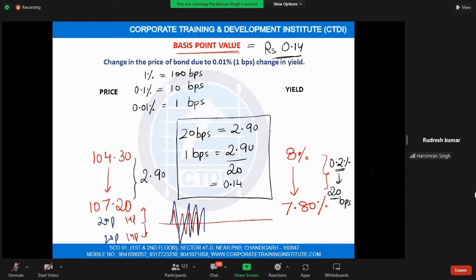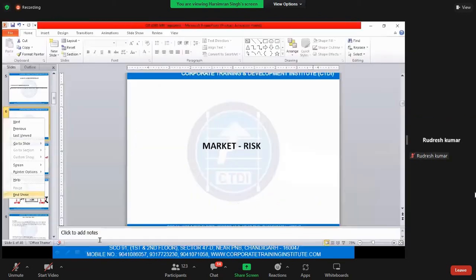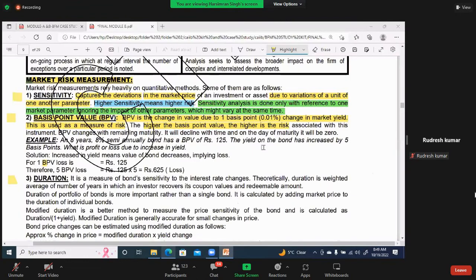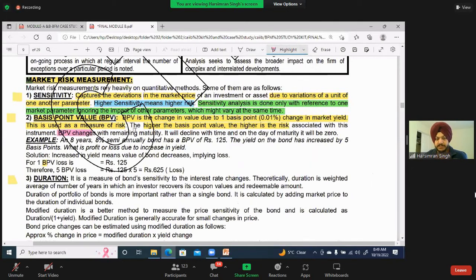So can I say higher the BPV, higher the risk? Then this line is very important. BPV changes with the remaining maturity. It will decline with time, and on the day of maturity, it will be 0.